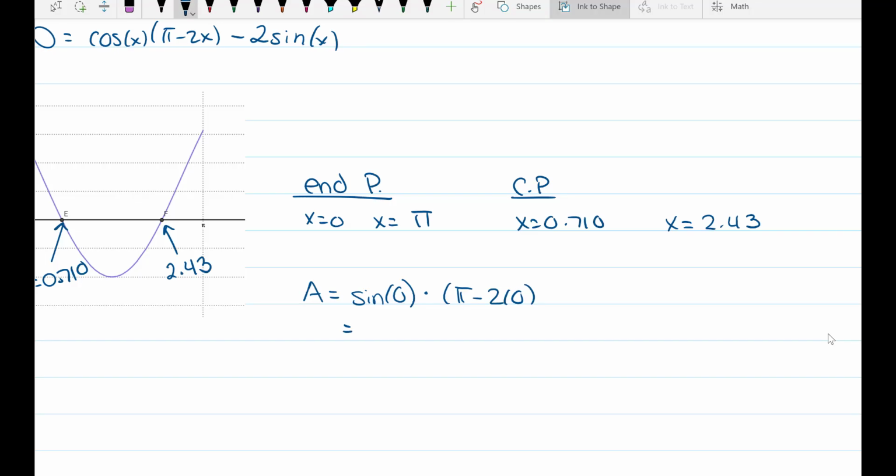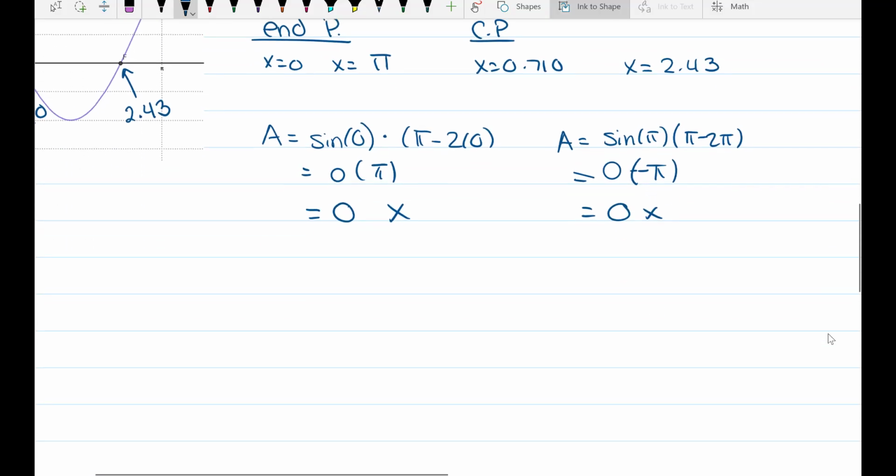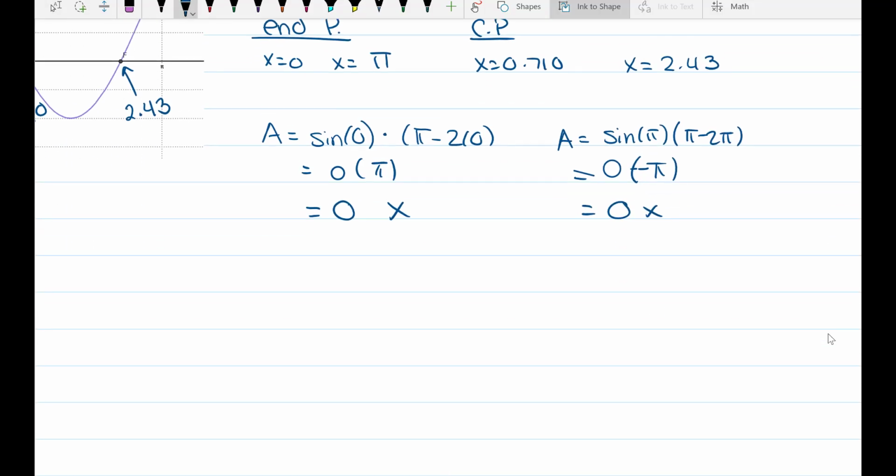So we know sine of 0 is 0. This is going to be pi. Well, look at that. The area is 0. That doesn't work. It doesn't make any sense. Then we have area equals sine of pi times pi minus 2 pi. And you get, again, 0 times a negative pi, which gives you 0. Probably not right. So let's try our critical points.